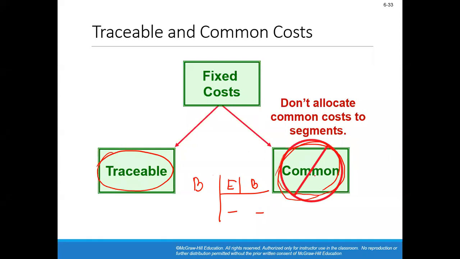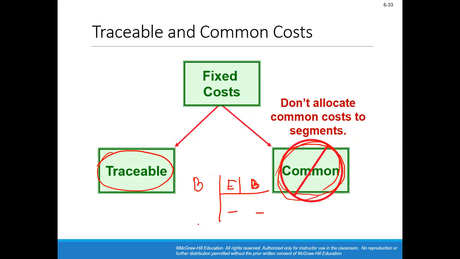But there will be some common costs. Say in a flight, regardless of economy and business, there will be a common fixed cost, like the payment to the pilot. Regardless of the economy class or business class, you have to pay the pilot. The pilot is the same for the economy class segment and the business class segment.